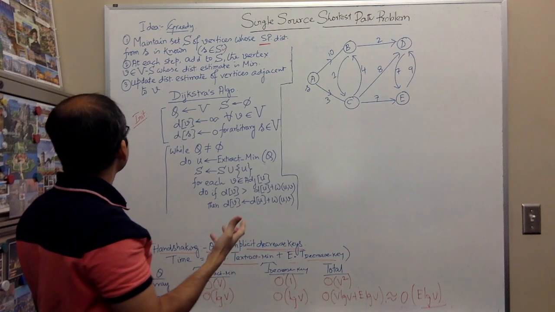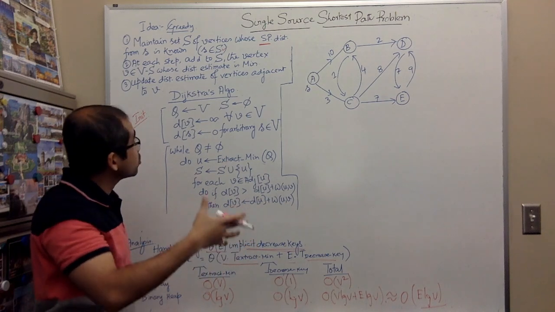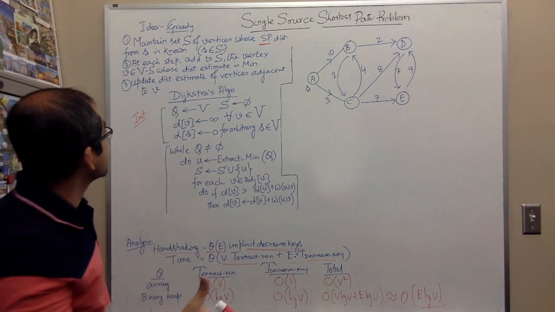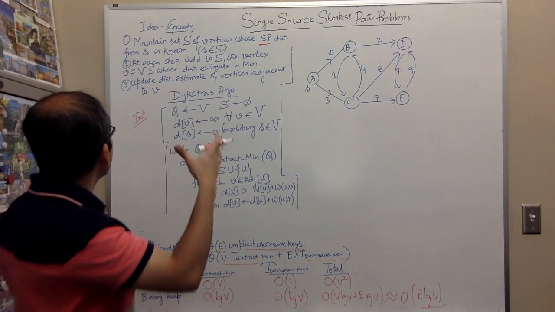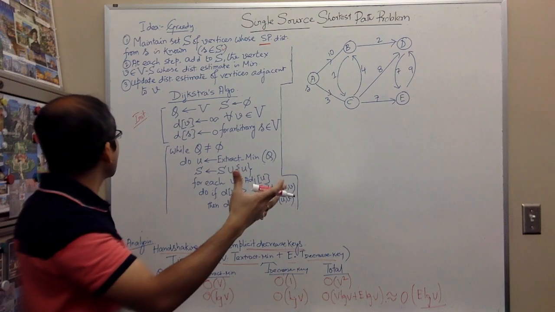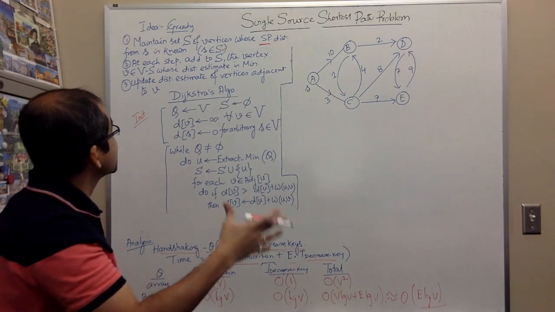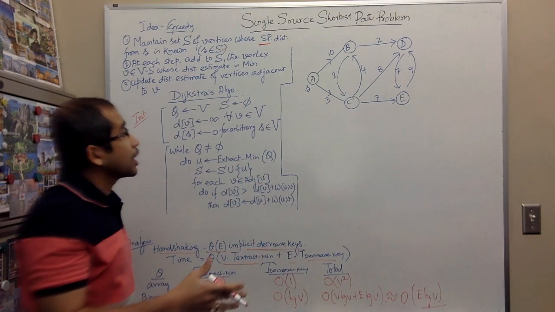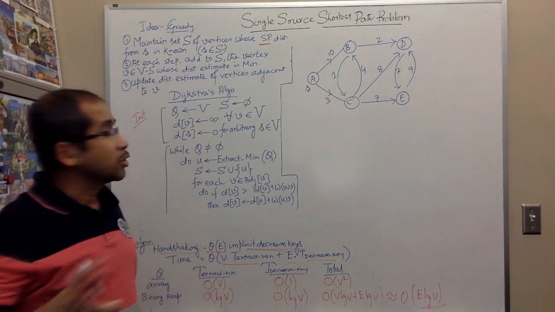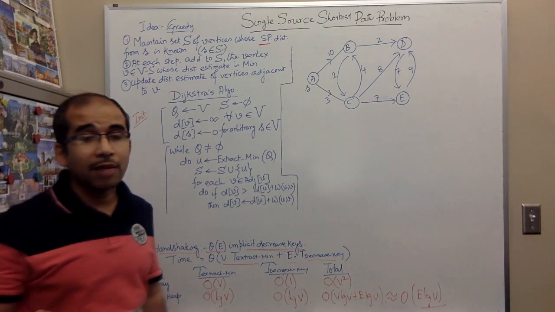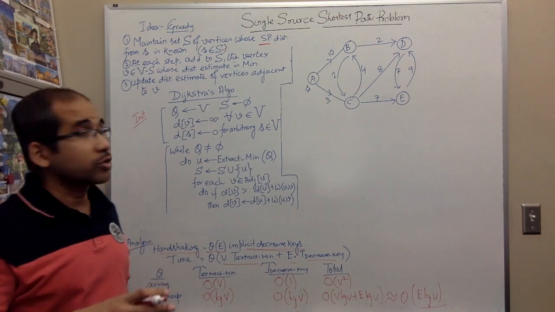So now at each step, add to the capital S the vertex which belongs to V minus S and whose distance estimate is minimum. Among all the vertices in the set V minus S, you check whose distance estimate is minimum, pick out that vertex and add it to the set S.